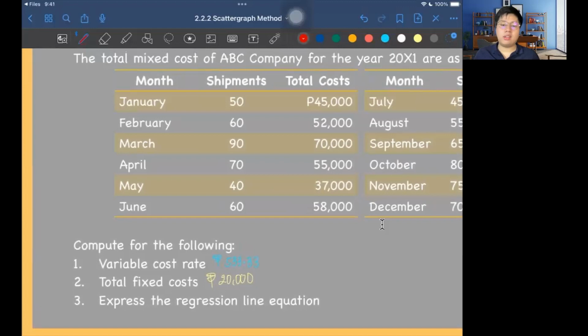Now that we have the variable cost rate and the total fixed cost, we can now get the regression equation, or the linear equation, and that will be y is equal to the value of the total fixed cost, 20,000, plus the value of the variable cost rate, 533.33, times x, because x here is always a given.